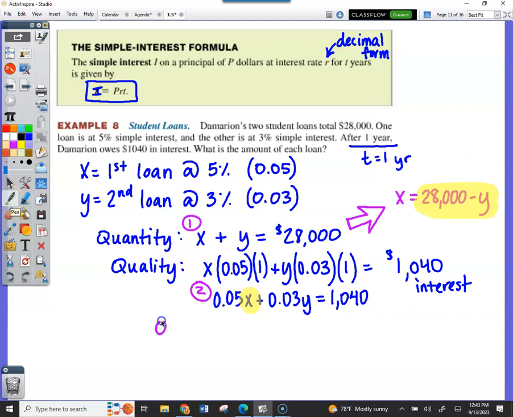I'm going to move this over here. All right, solve it.